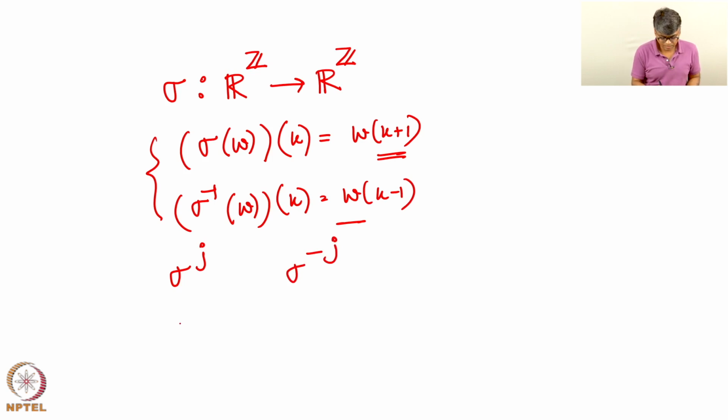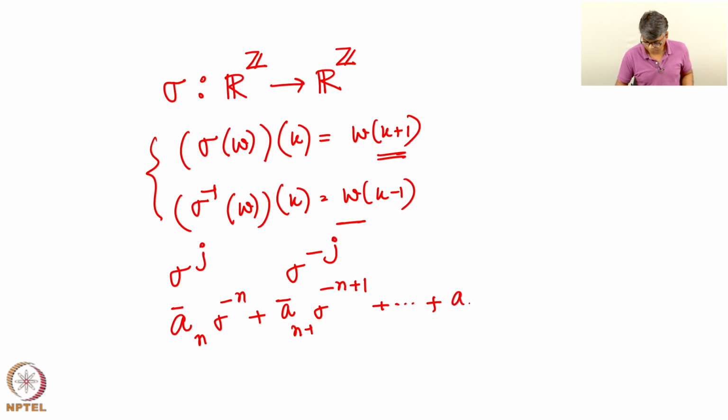So, one can have something like a_n sigma to the power minus n plus a_(n-1) sigma to the power minus n plus 1 plus dot dot dot, and then we have a0, and then we have a1 sigma plus dot dot dot a_p sigma to the power p, positive power p.